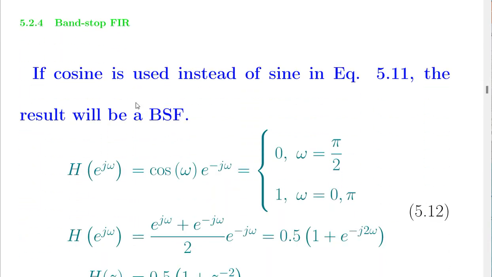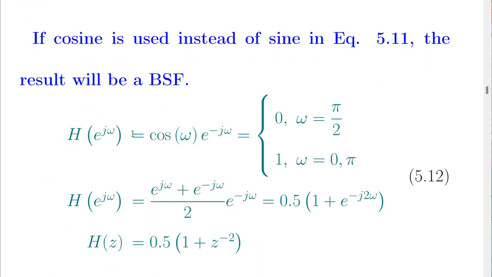Now, band stop FIR. If cosine is used instead of sine in equation 5.11, the result will be a band stop filter. What does it mean? This time we have started from the frequency response, H of omega is equal to cosine of omega times e to the power of minus j omega, which will be 0 for omega equal to pi over 2.